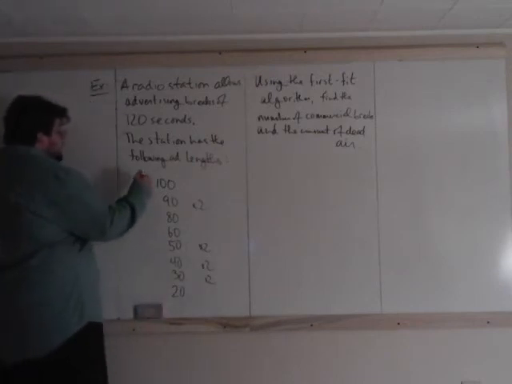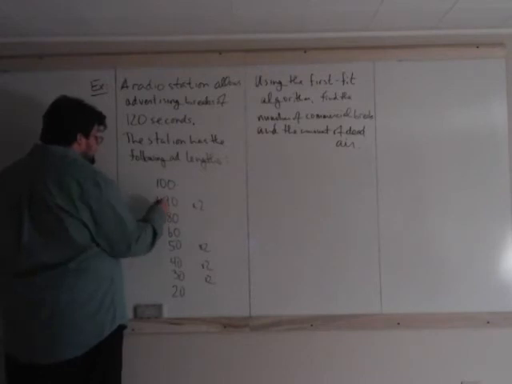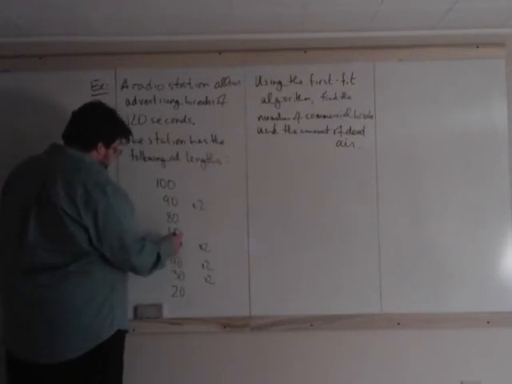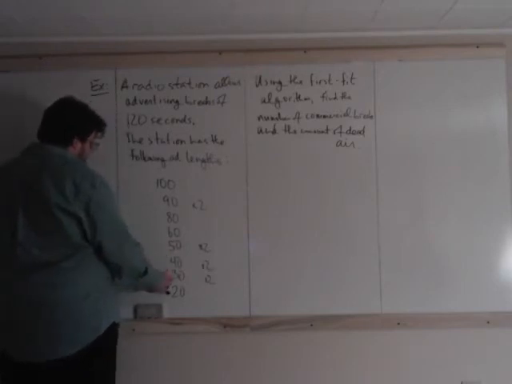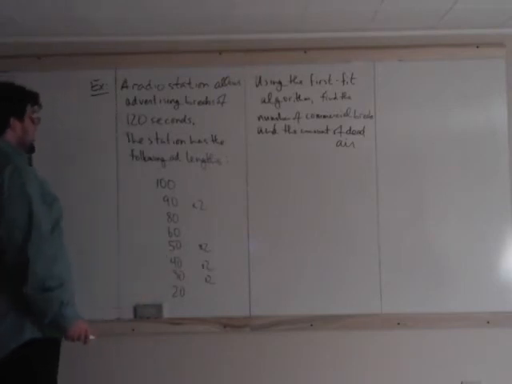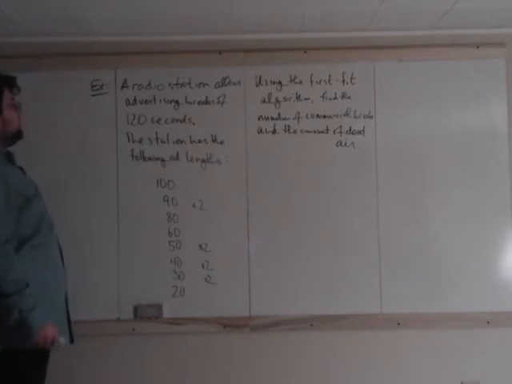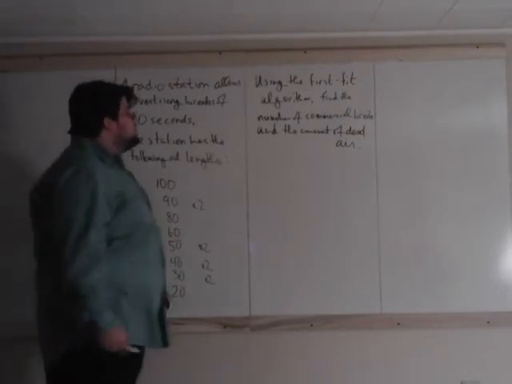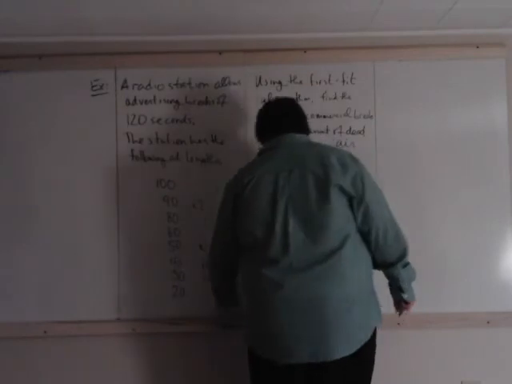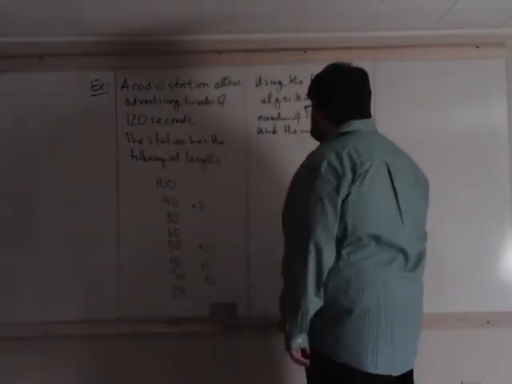It has a 100-second commercial, a 90-second commercial, actually two 90-second commercials, an 80-second commercial, a 50-second, a 60-second, two 50-second, two 40-second, two 30-second, and one 20-second advertisement. And we're going to use this algorithm to find the number of commercial breaks and the amount of dead air that would be forced to run. To run, I guess is probably the correct radio word.